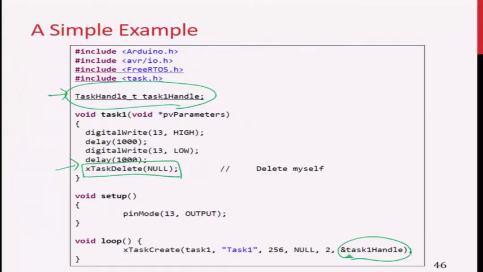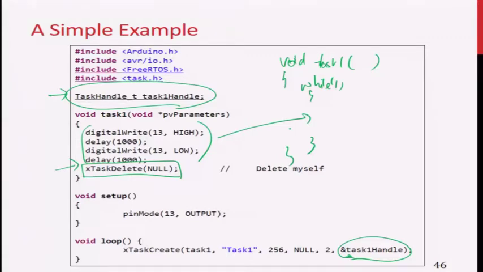Rightfully, when you do your project, when I do a task here, task 1, my entire code is actually inside a while 1 loop. That means this particular code here must be inside a while 1 loop. Because your task must be created to run forever.